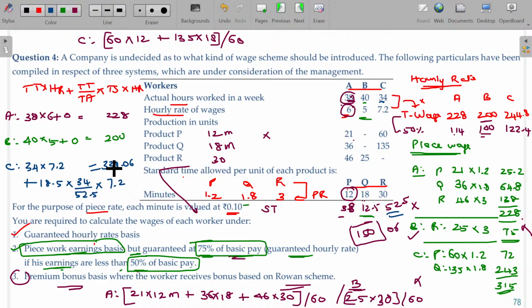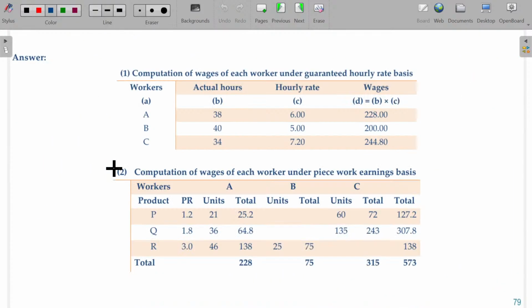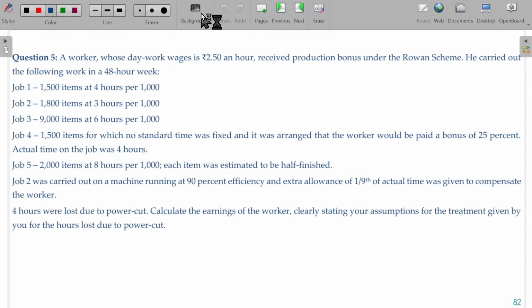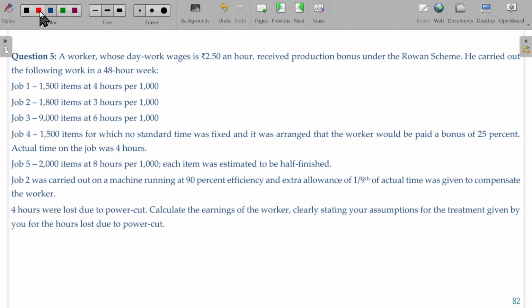Now we'll move on to the next one. A worker whose day work wages 2 rupees 50 paise an hour received production bonus under the Rowan scheme.